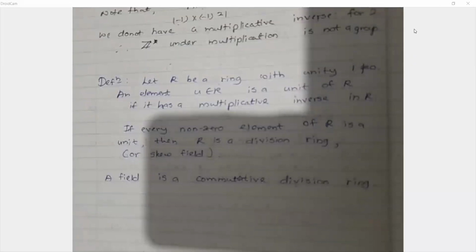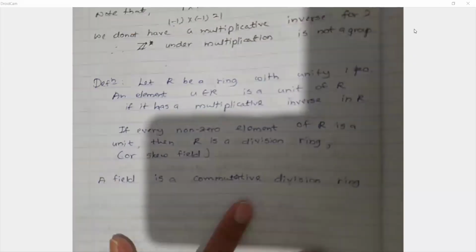Now, if you go back to this example once again with Z, we see that the only units in Z are 1 and negative 1, because no other non-zero element will have an inverse in the ring Z, the ring of integers.